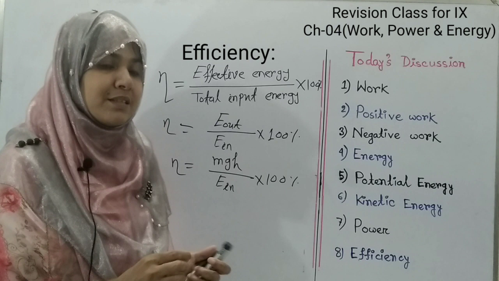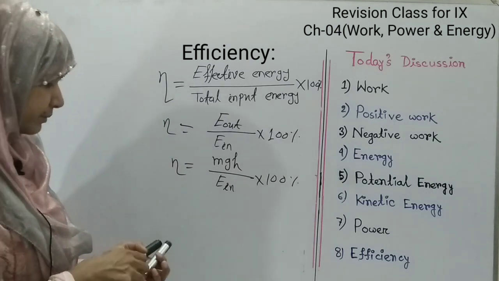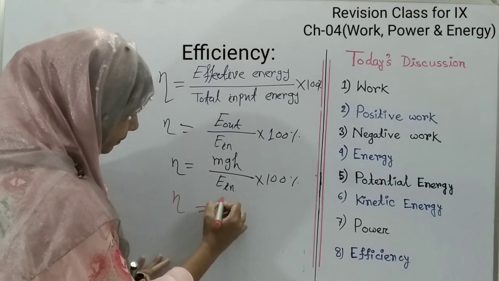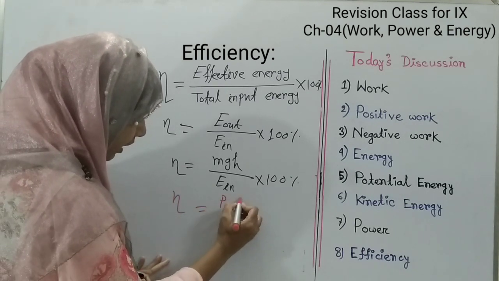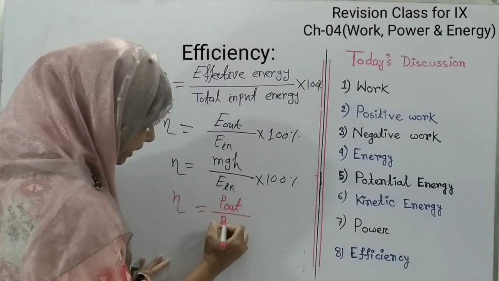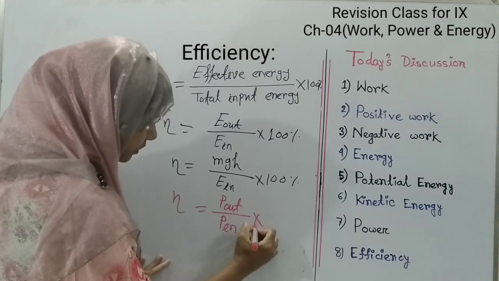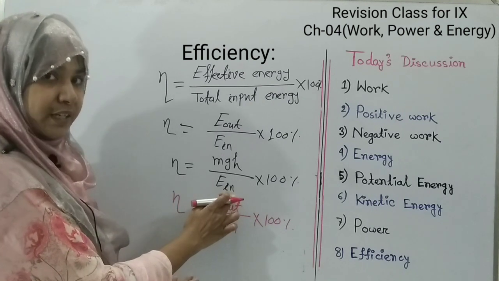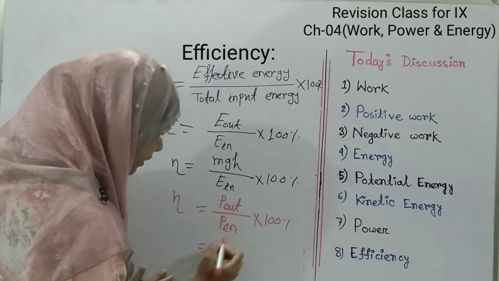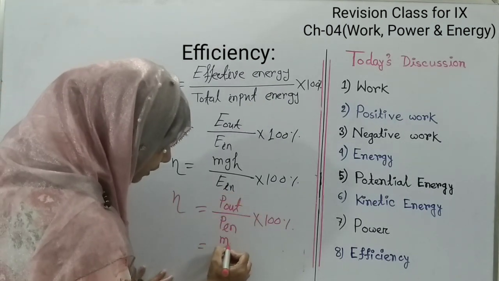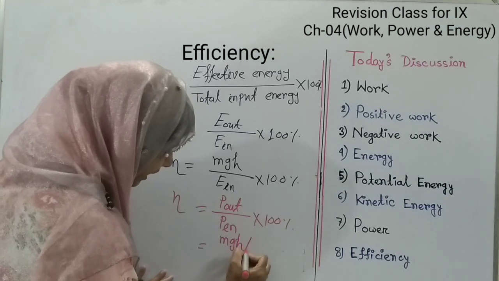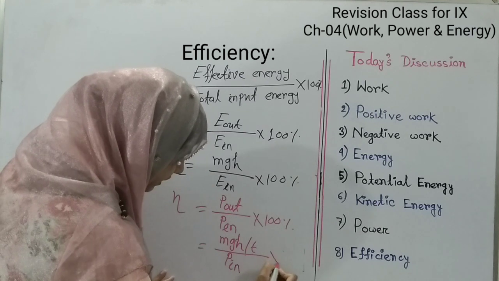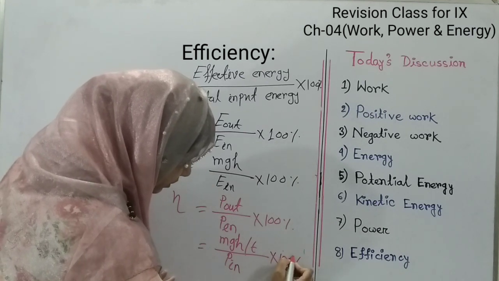In that case, the formula will be eta equals P output by P input. Output means effective power. So instead of P output, we can write mgh by t divided by P in into 100%.